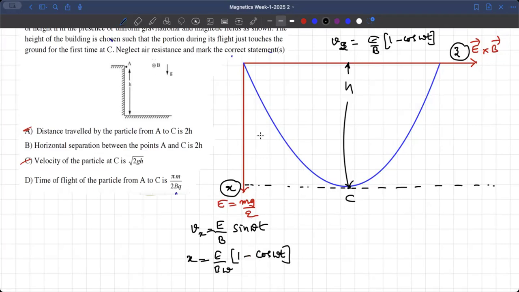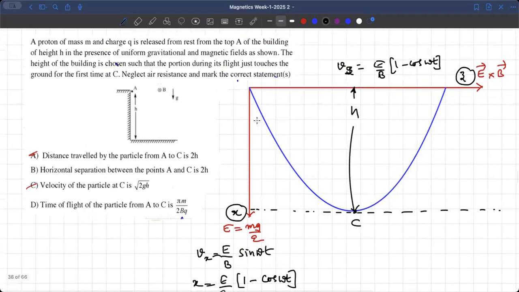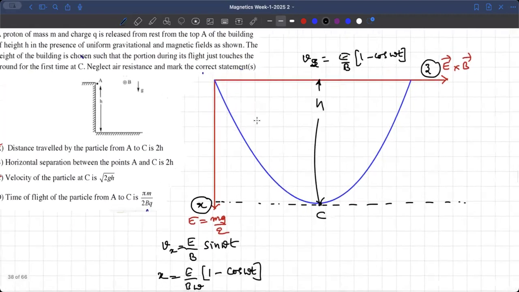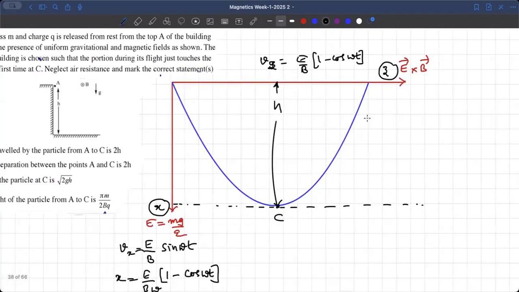Now try to please understand, try to link that. You are released at A from the top point of the building of height h in the presence of a uniform gravitational field and magnetic field, and it is touching the floor. What is h according to you?